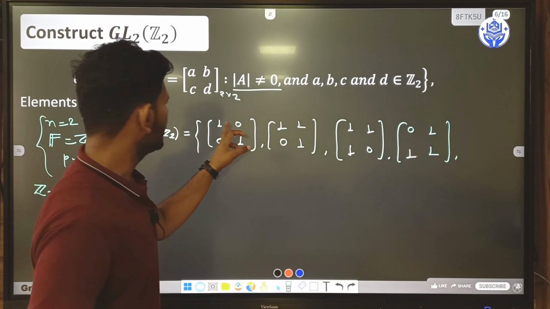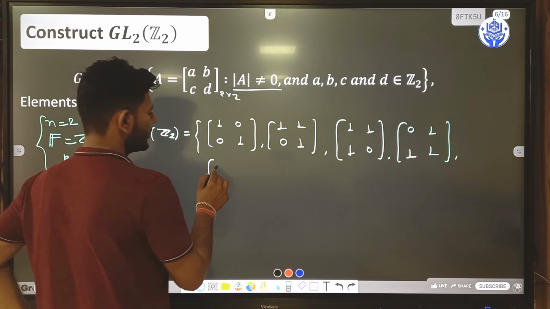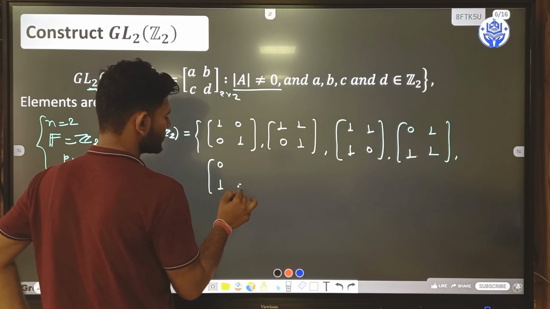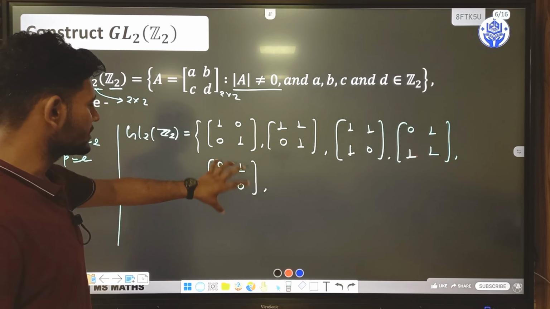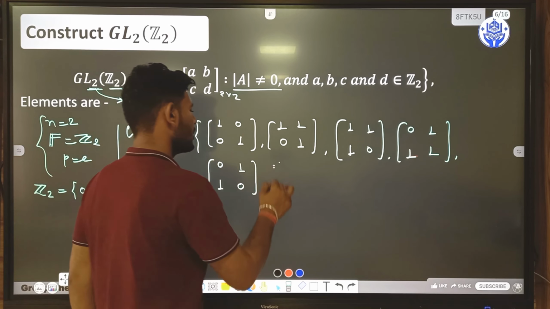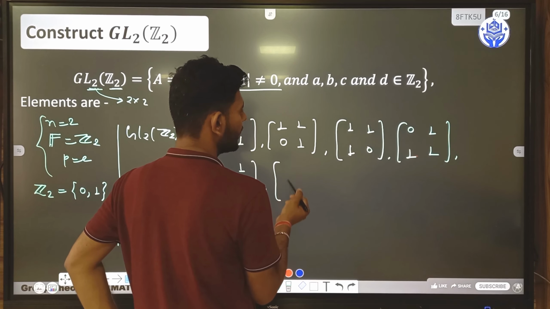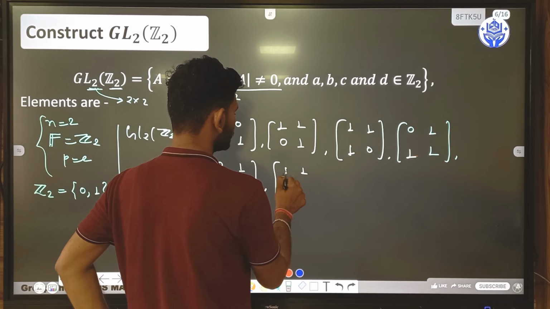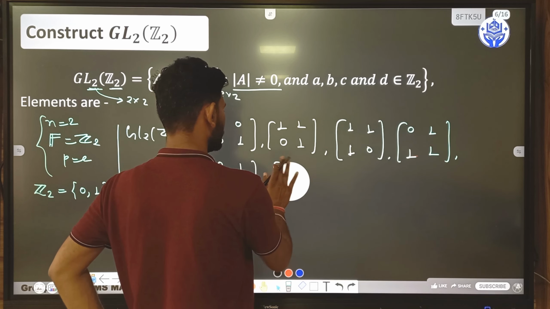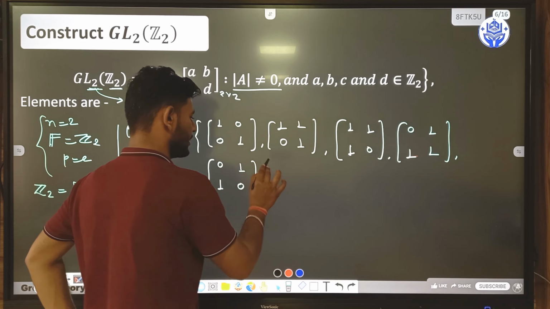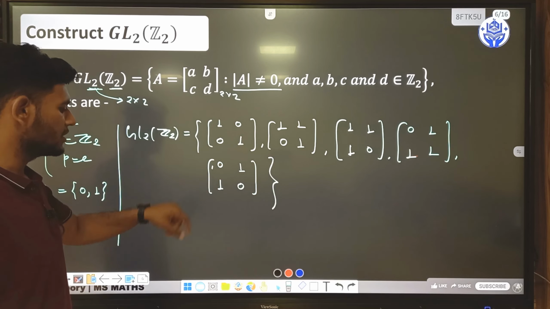Then if I take 0 1 0 1... we have already taken that one. So let's say these are the elements, and I don't know how many elements are in this set, so I'm just predicting.